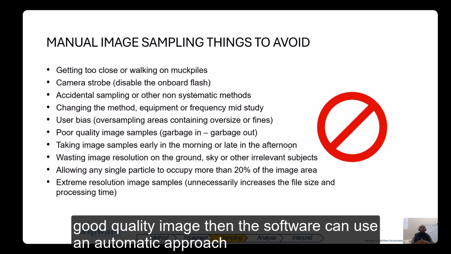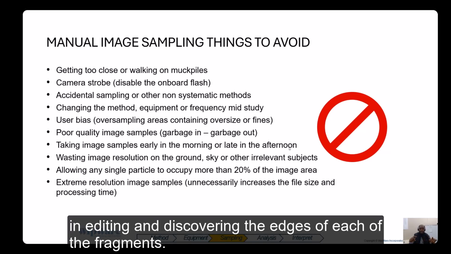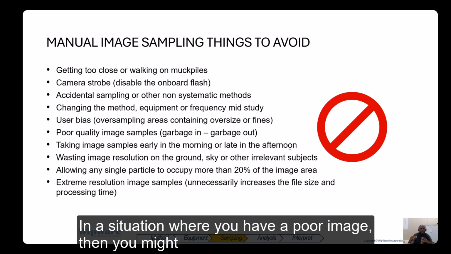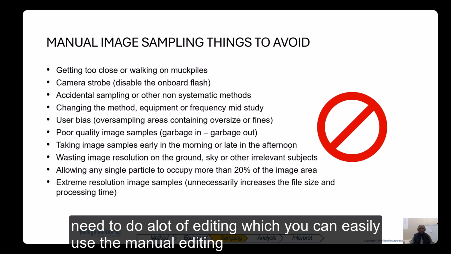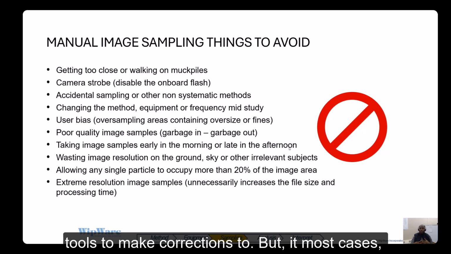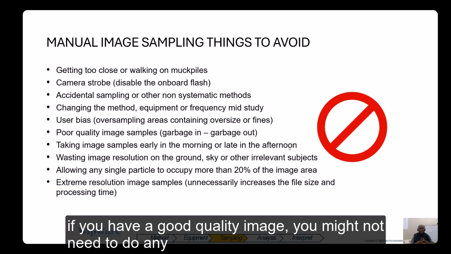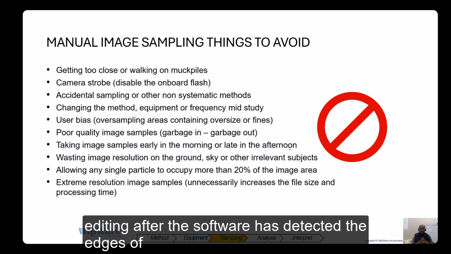Take a good quality image, and then the software can use an automatic approach in discovering the edges of each of the fragments. In a situation where you have a poor image, you might need to do a lot of editing, which you can easily do with the manual editing tool. But in most cases, if you have a good quality image, you might not need to do any editing after the software detects the edges of the fragments.